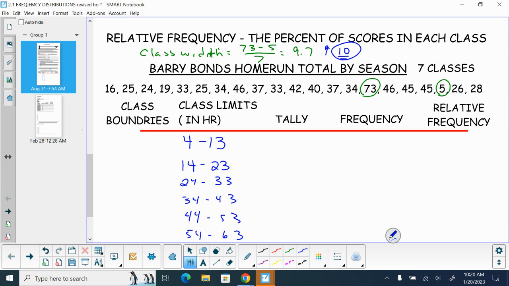So if I look at my class limits here to get my class boundaries, I go a half unit smaller than 4, which is 3.5, and a half unit bigger than 13. So I have 3.5 to 13.5. And I can do that throughout the rest. So I go half unit smaller, half unit bigger. And you'll notice you have your tens also going down the column.